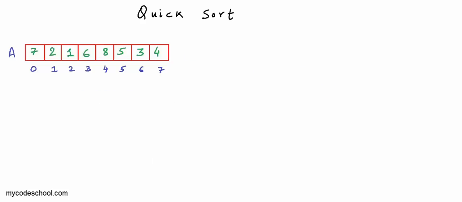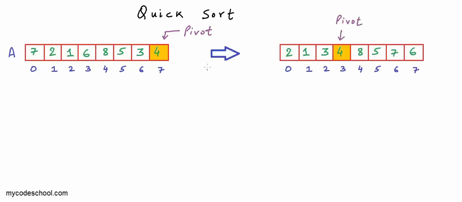In this example, let's say we select the number 4. We call this selected number the pivot, and first we rearrange the list such that all the elements lesser than the pivot are towards the left of it, and all the elements greater than the pivot are towards the right of it. Something like this.